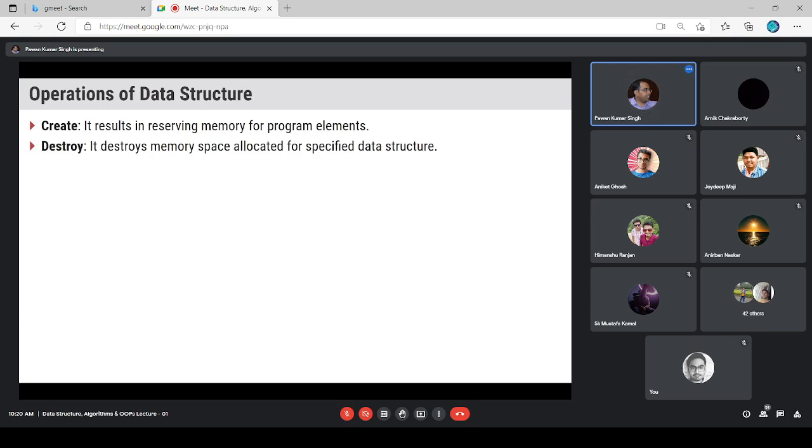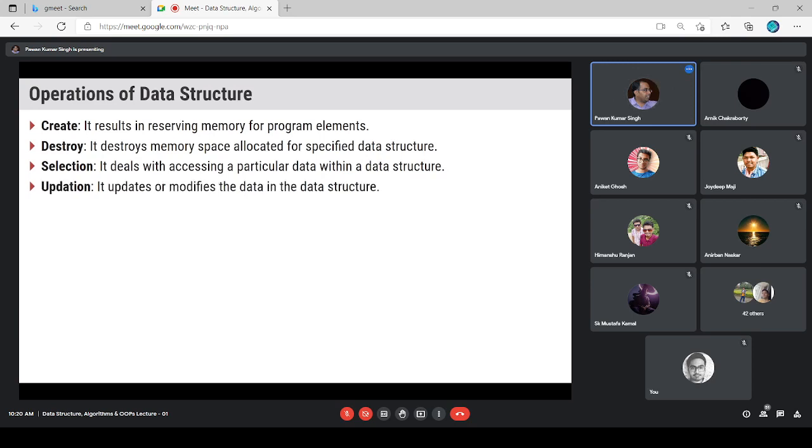Destroy: you can delete an element, and after deleting it, you should destroy the memory space which is allocated for that specific data element. Selection: you can access a particular data item within a data structure. Updation: you can update or modify the data at a particular location in your data structure.